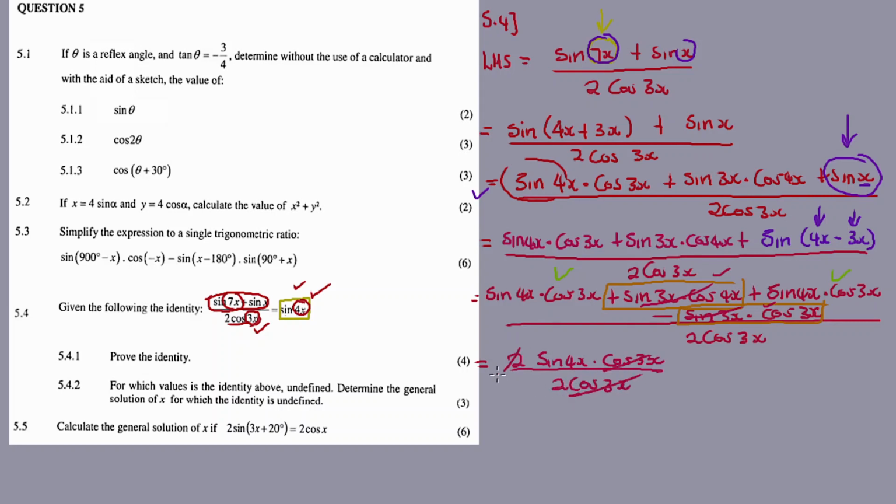Cancel, we're left with sin 4x. Voila, magic.